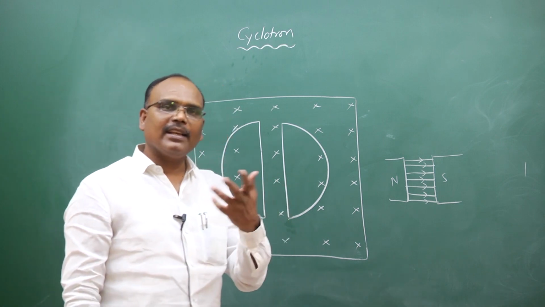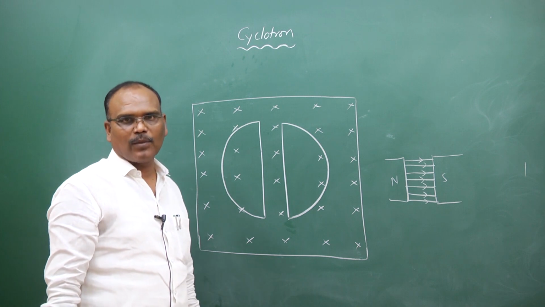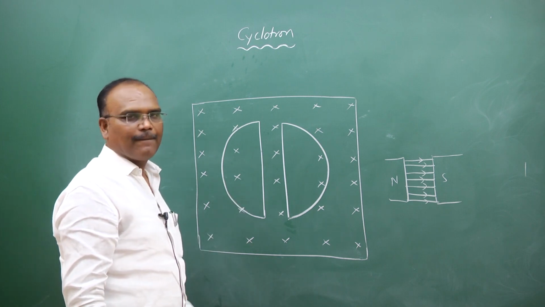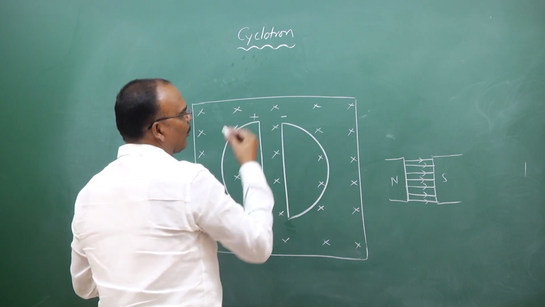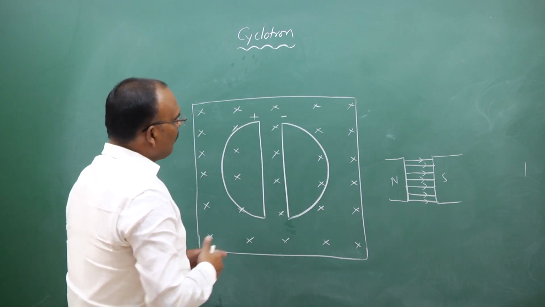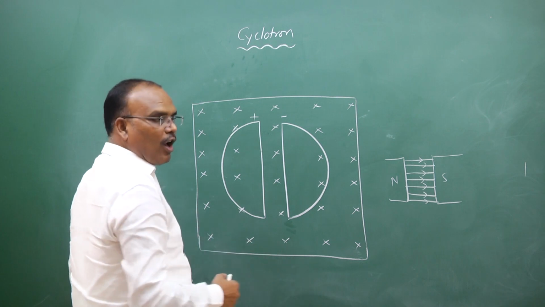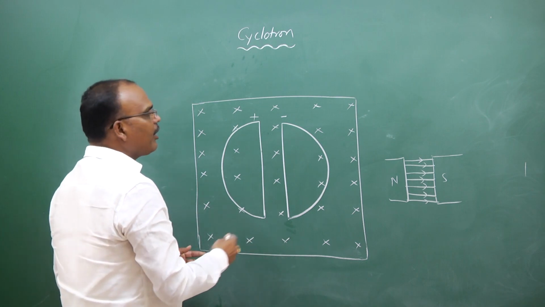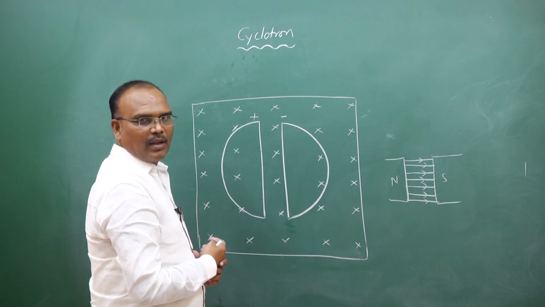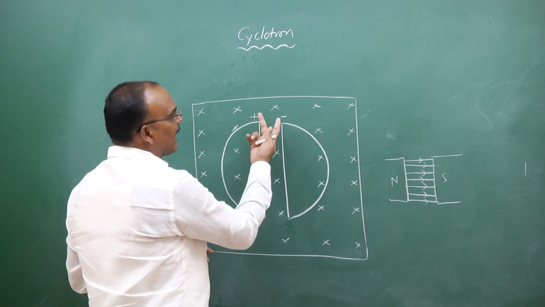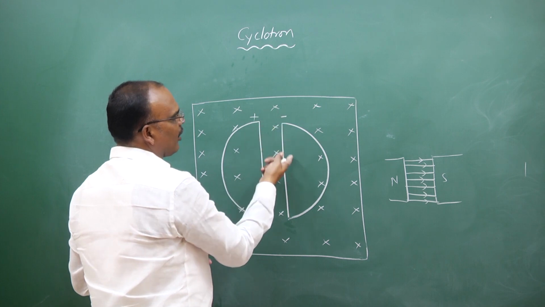So we have to apply an electric field simultaneously. To apply the electric field, we may give positive polarity to this D and negative polarity to this D by connecting a battery, an ordinary cell. If we do like that, the direction of flow of current is the same. A DC source cannot alter the polarity of the disk.